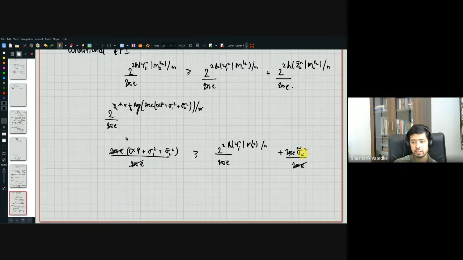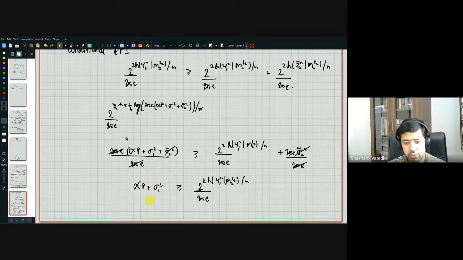So if I take the sigma 2 tilde square on the left hand side, the sigma 2 tilde squares cancel. I have alpha p plus sigma 1 square, so this is an upper bound on the entropy power of y1 given m2. So 2 to the 2 raised to h of y1^n given m2, divided by n, divided by 2 pi e, is upper bounded by alpha p plus sigma 1 square.